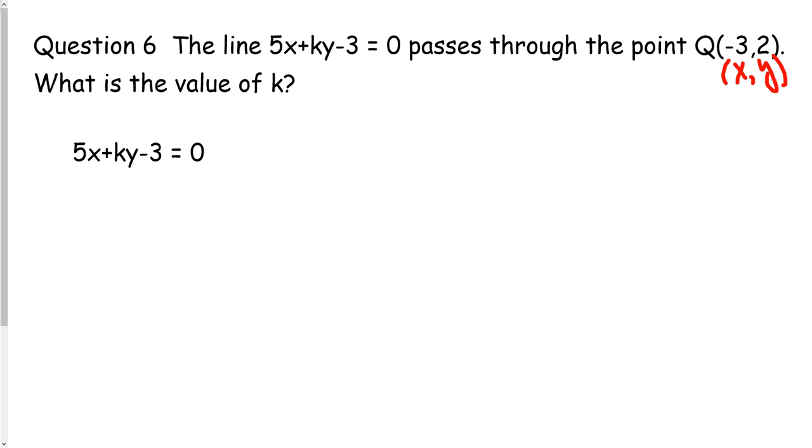So if you just replace the x with negative 3, plus k we don't know, and y we're being told is 2, minus 3 equals 0. Now you've only got one unknown, so use algebra to solve for k.